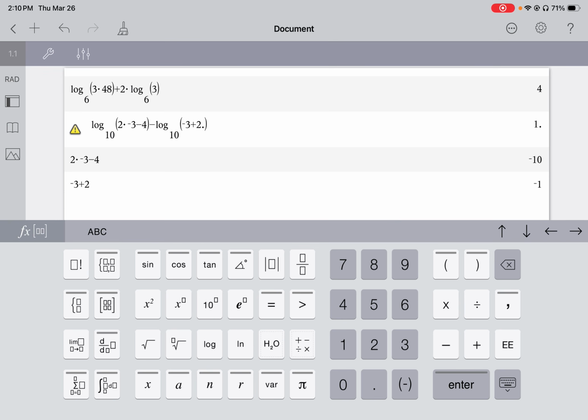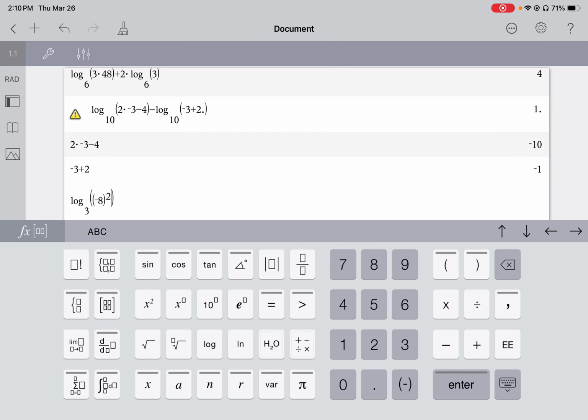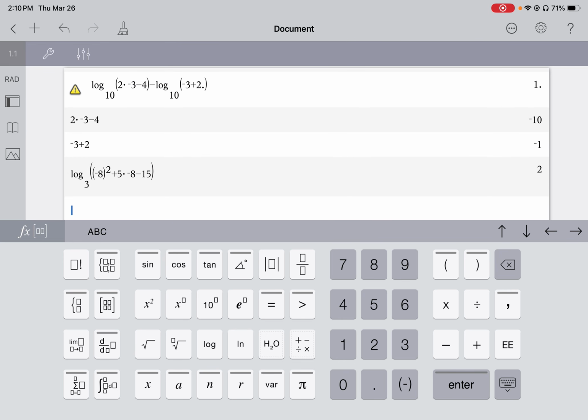Okay, so let's plug it in only to the left-hand side. So we have log base 3 of negative 8 squared, and using the parentheses is very important. Okay, so notice that I put the square outside of the parentheses, and then we have 5 times parentheses again, negative 8 minus 15. And that equals 2, and that's what the paper said.